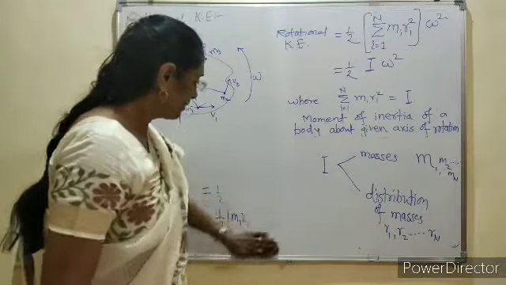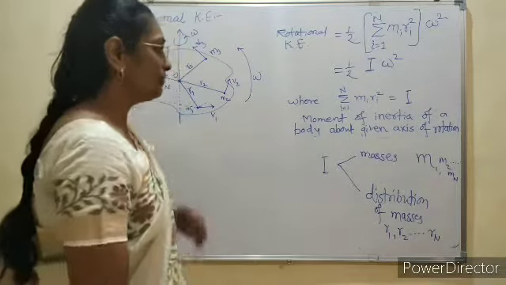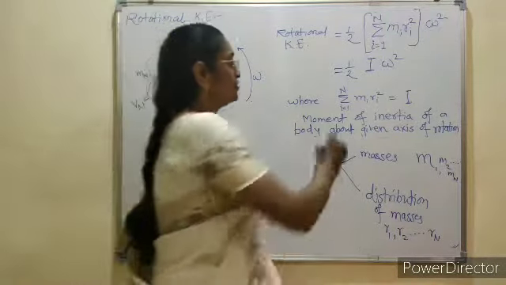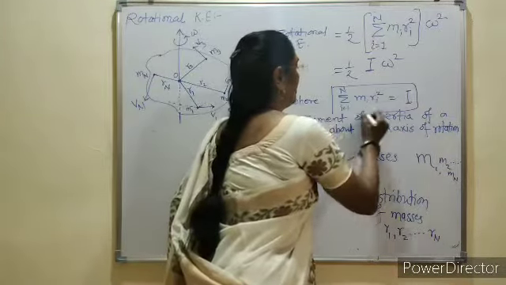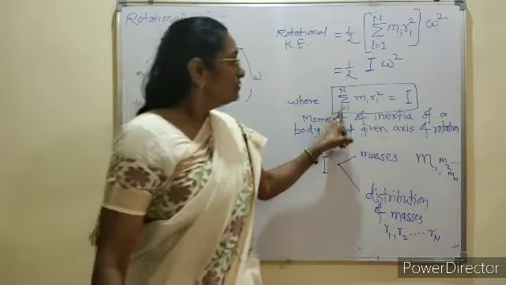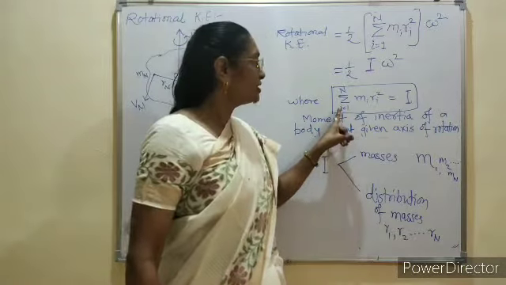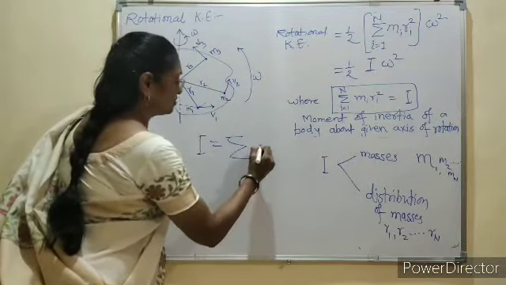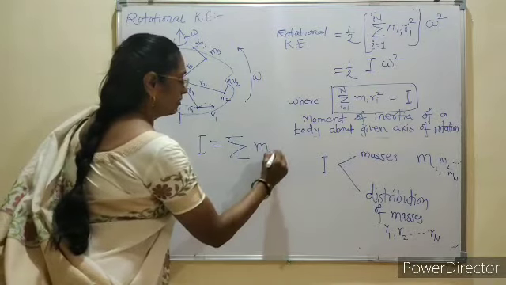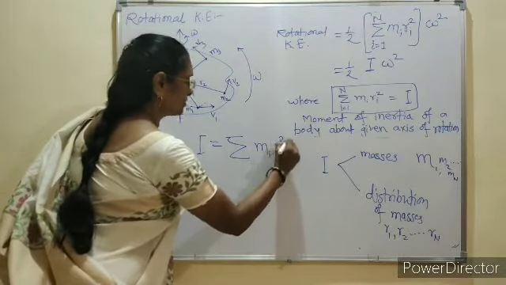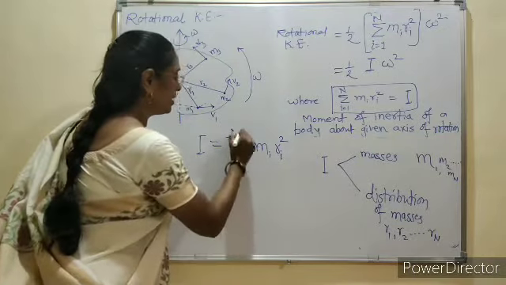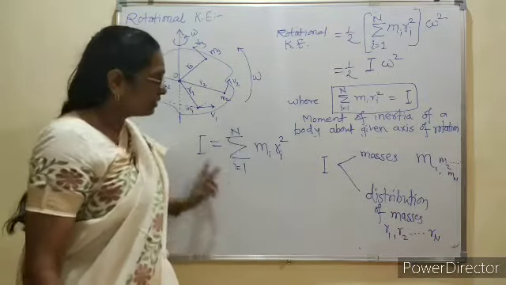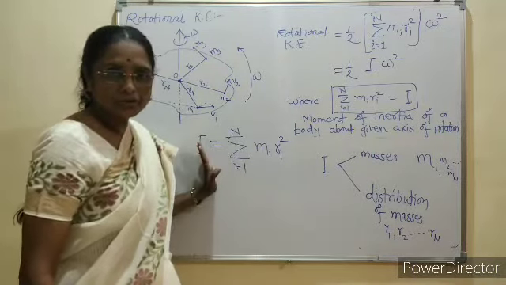Here we have defined moment of inertia. From this relation we can define it. The mathematical equation I is equal to the sum of M_i R_i square, i varies from 1 to n, defines the moment of inertia.